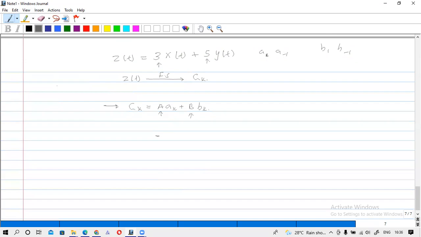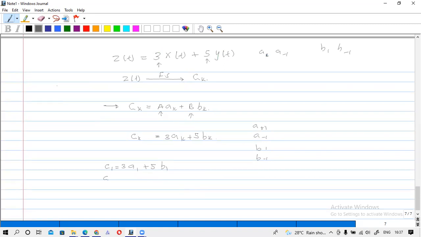So Ck is equal to 3ak plus 5bk, with a minus 1, a plus 1, b minus 1, b plus 1. So let's take C1. C1 is equal to 3a1 plus 5b1.